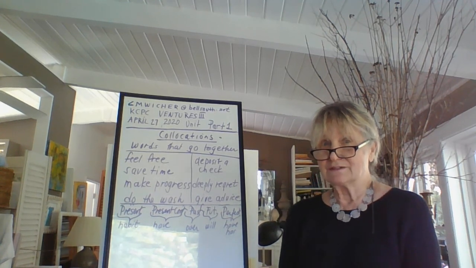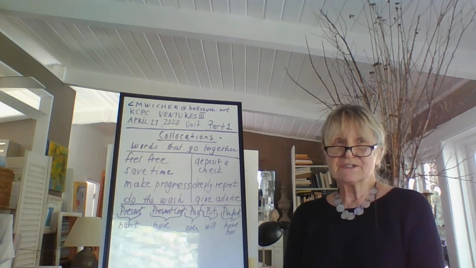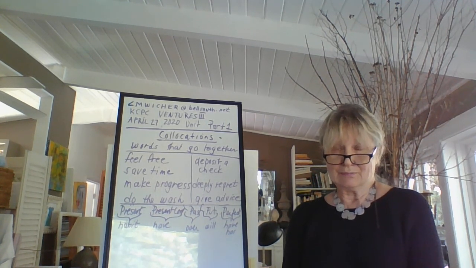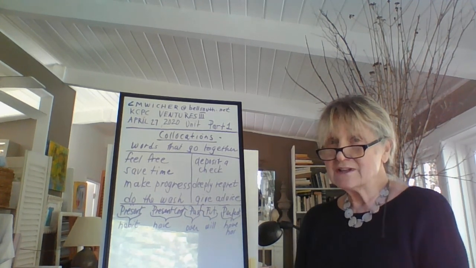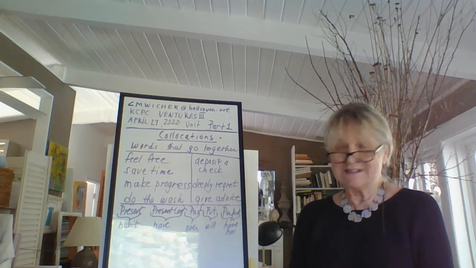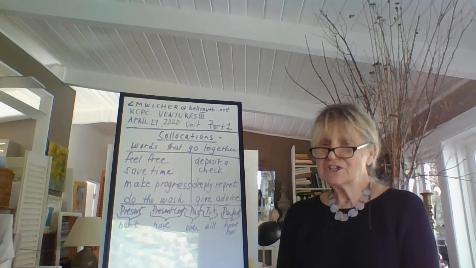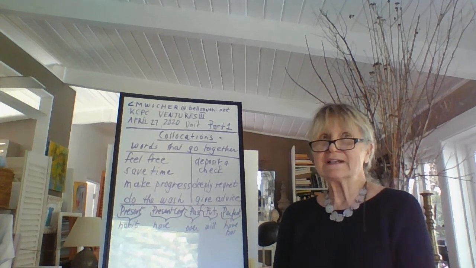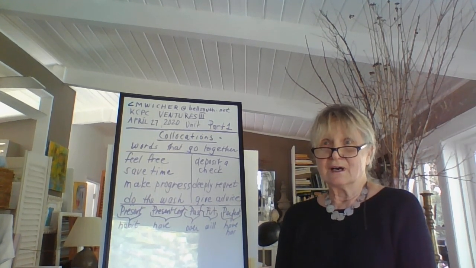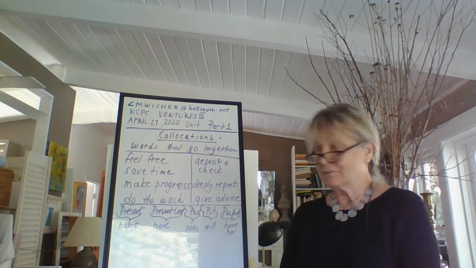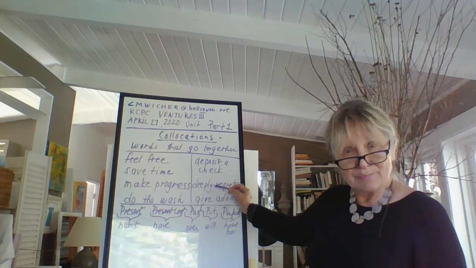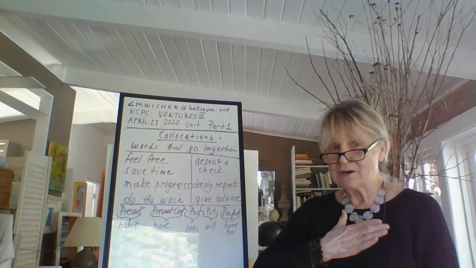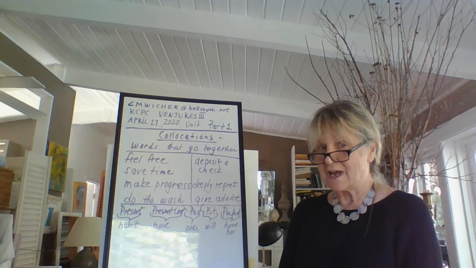Deeply regret. So what does regret mean? That's right. Sorry that you said or did something. Wish you hadn't done something. You regret saying something inappropriate. What is it? Deeply regret. That's way down deep in your heart that you regret that.